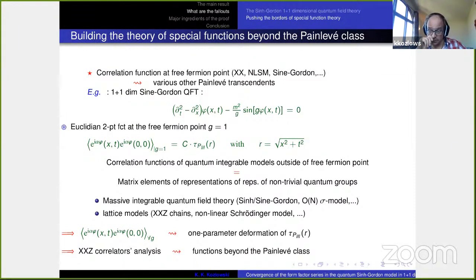For instance, suppose you know the behavior at 0 of the Painlevé transcendent and you want the behavior at infinity. Then the behavior at infinity will be given by a simple transcendental function of the parameters in your Painlevé equation. Now, if you consider such correlation functions in the general interacting case, you still have simple couplings, like the coupling constant, maybe some other parameters in the model, but then the short distance behavior, say, will be very, very simple.